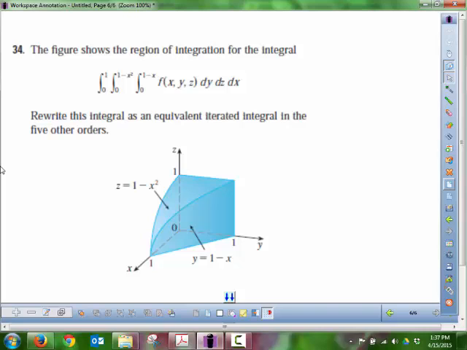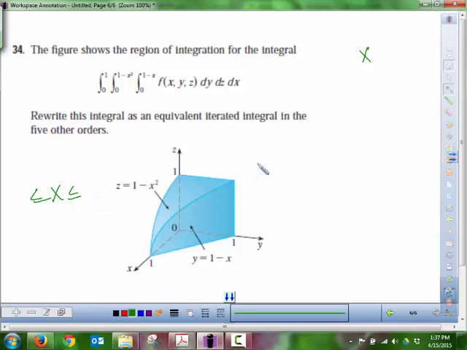So AJ wants to do x first. Let's do x first. Let me put my x limits over here. I need to draw a line parallel to the x-axis. I don't know if you can see that; I can't turn this image.